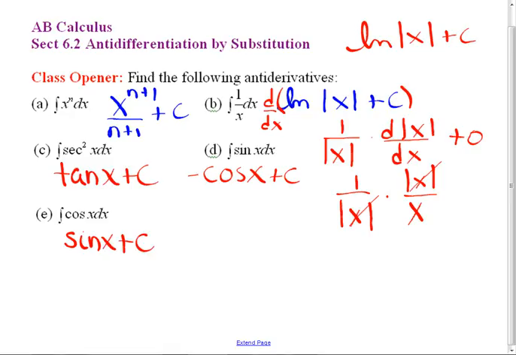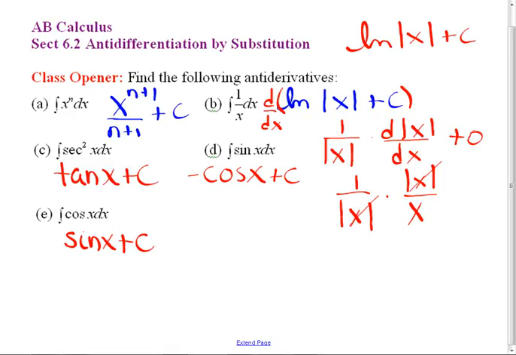Now, if you haven't done your blue sheet, we're going to take time right now to do this. And there are some of these we can't do. All of our antiderivatives must look like the functions I have at the bottom of this sheet, under function and integral. These are the only ones I know how to do.